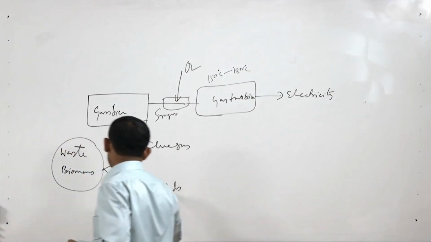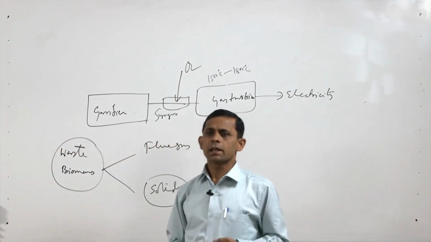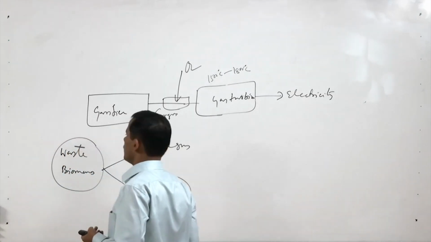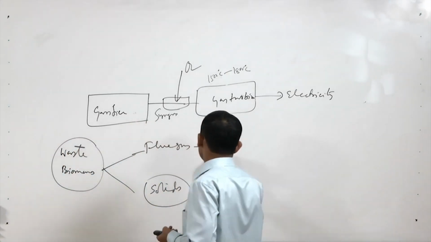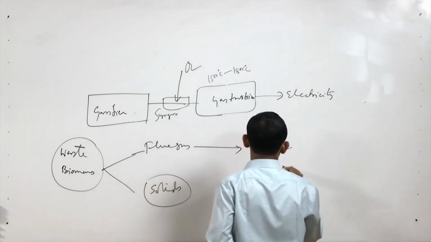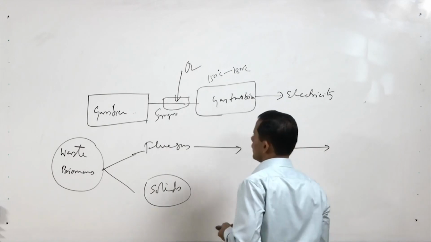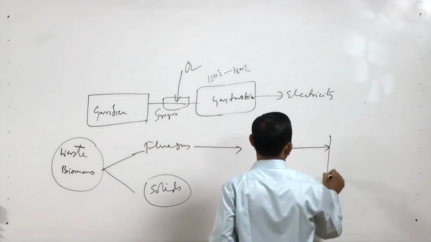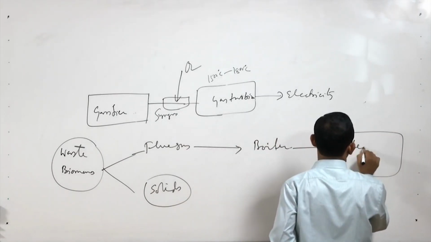This ash and slag is not desirable, it will reduce the efficiency. So, the flue gas which is produced will be used in boiler heat transfer and it will give up steam and actually we will get the electricity. So, electricity we will get.